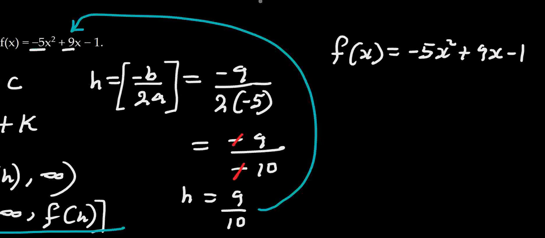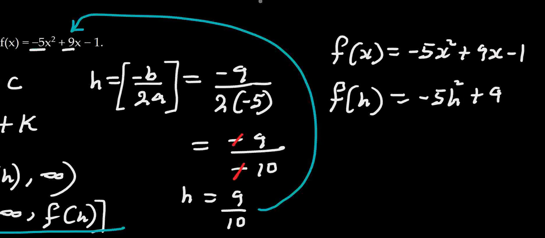So let's plug in h in the place of x, and that will become negative 5h squared plus 9h negative 1.